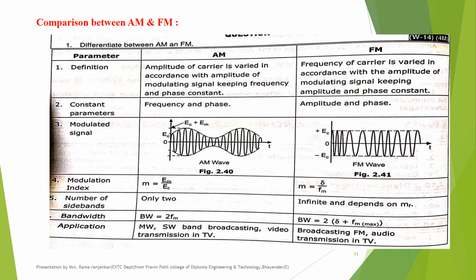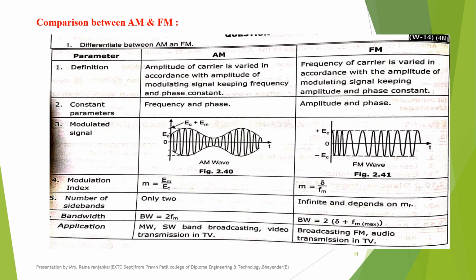Modulated signal. The modulated signal shows the variation across the carrier amplitude in AM, while in case of FM, it shows that the frequency of the carrier varies in accordance with the amplitude of the modulating signal. Modulation index.